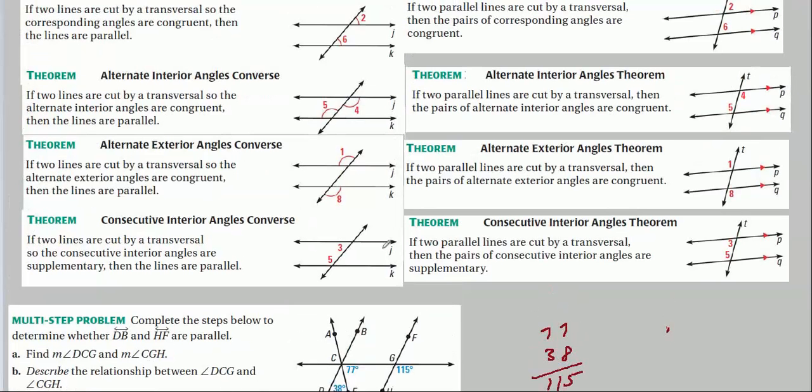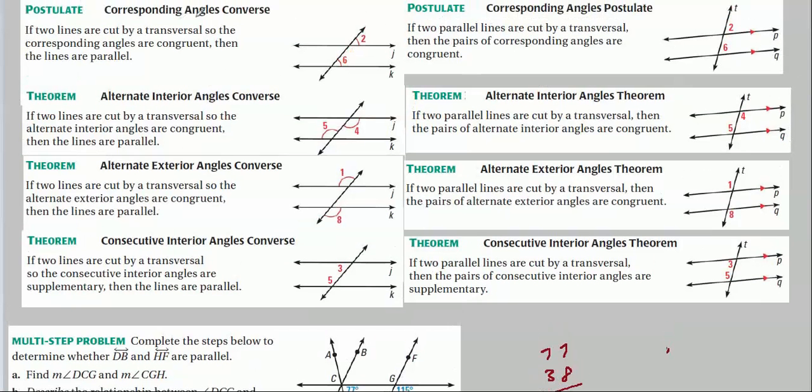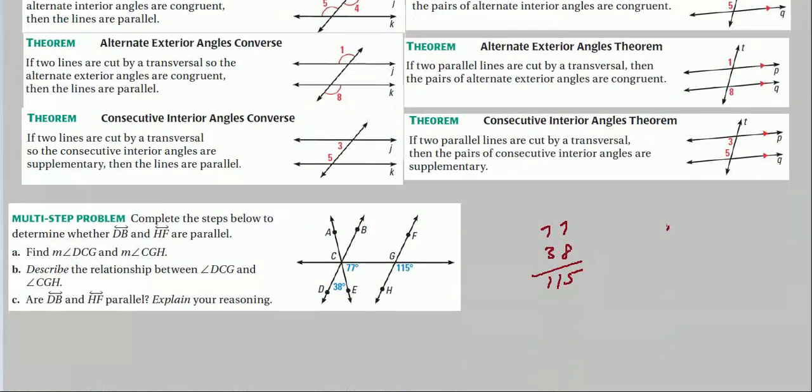Because you can see that DCG and HG, and there's no letter over here, so HG, whatever, are corresponding angles. Boom. Just like these two. That's what these two are. They're equal, so the lines are parallel. But they ask you to do it in different steps. So we'll do that.